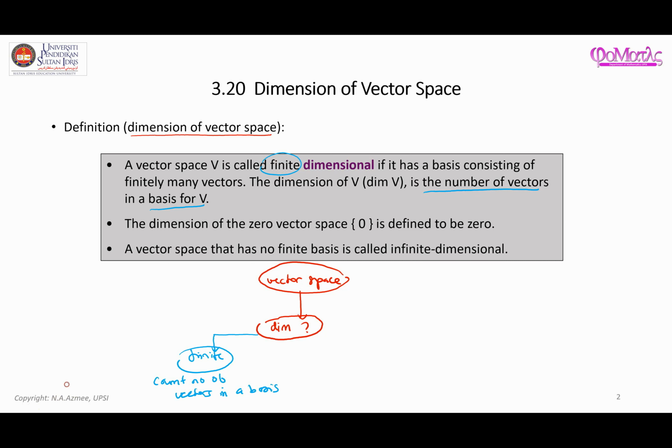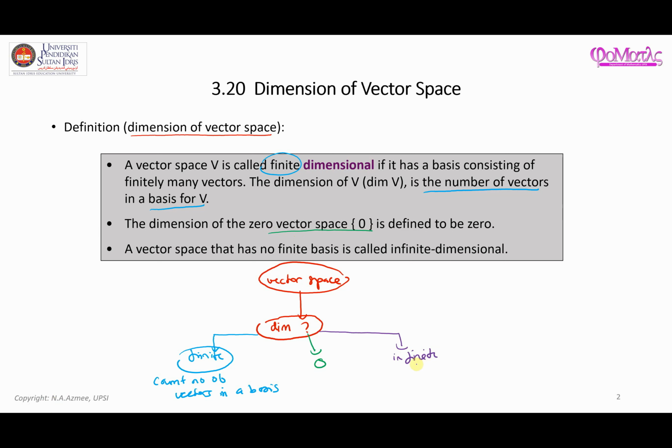It is also possible that the dimension is 0 if you have a 0 vector space. So that is the second category. And the last category is you might have an infinite dimension.